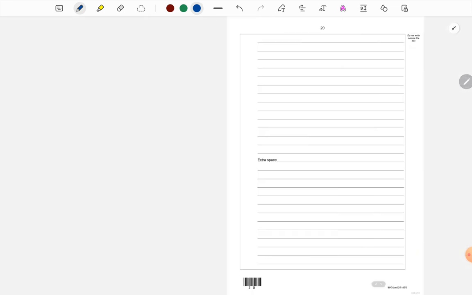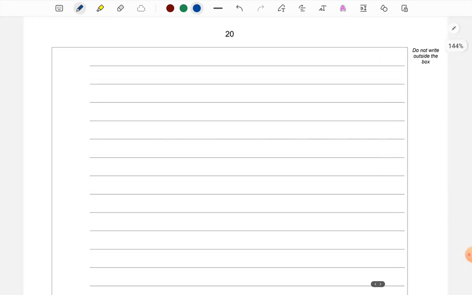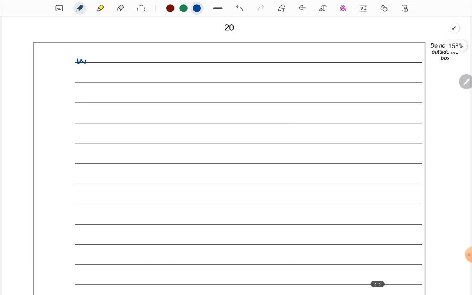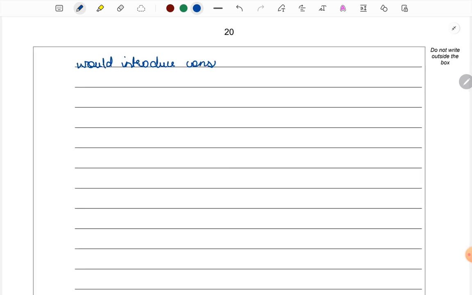This would introduce consistency to the watching of television by all children, increasing reliability of results.